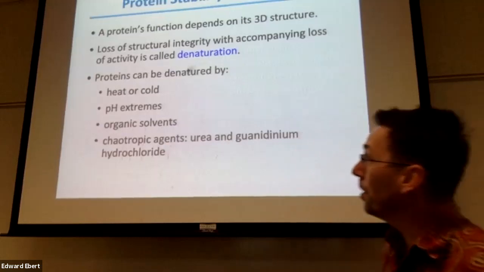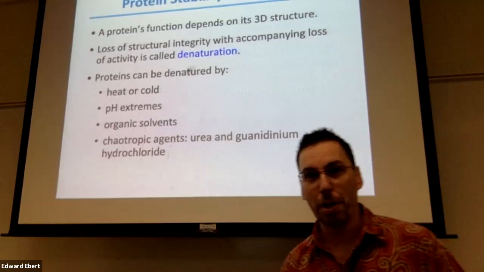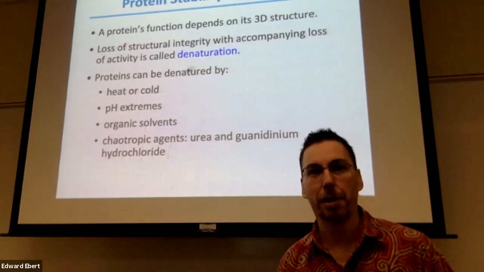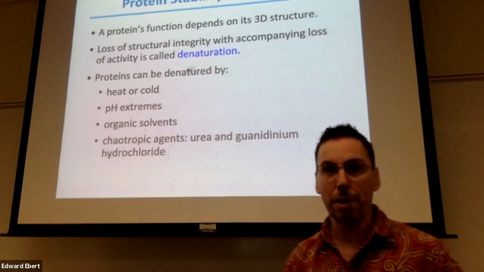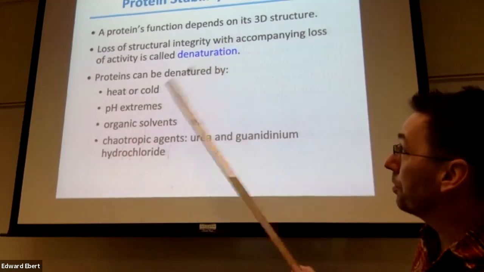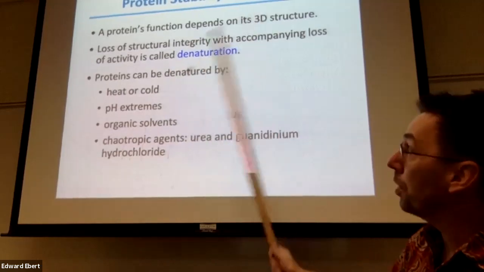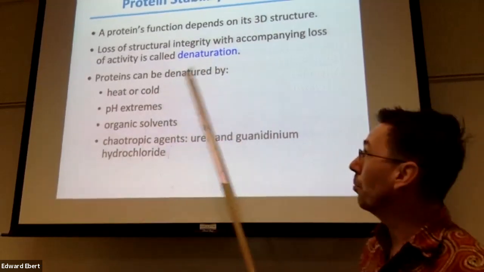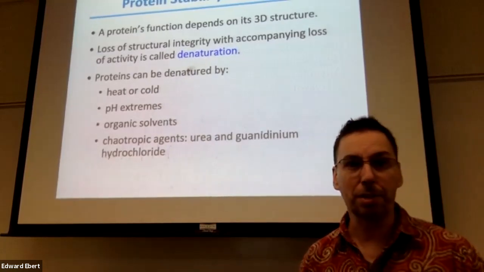So folding is important because our 3D structure is going to determine its function, right? So if we lose our structural integrity, then we can lose that function. We have loss of function as well. So if we unfold our protein, we call that denaturation, right? And we can denature proteins in a lot of different ways.